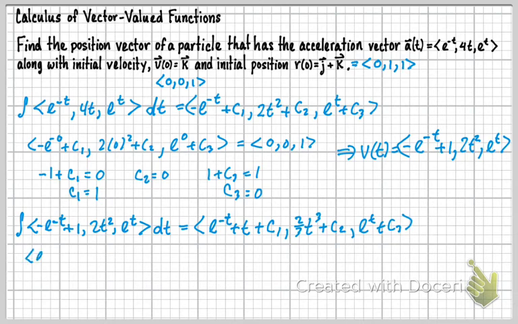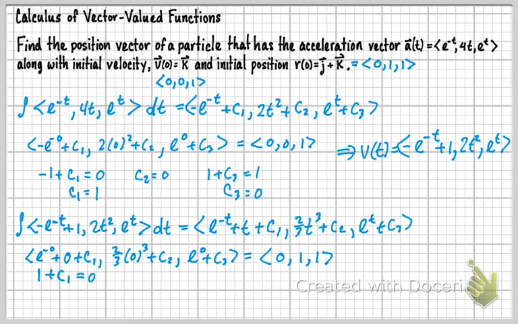That's really going to be e to the negative 0 plus 0 plus c1, comma, 2/3 times 0 cubed plus c2, comma, e to the 0 plus c3, and that's supposed to equal 0, 1, 1. So for the first one here, this is going to be a 1. That's 0, so I get plus c1, and that should equal 0, because it has to equal the first component on the other side.